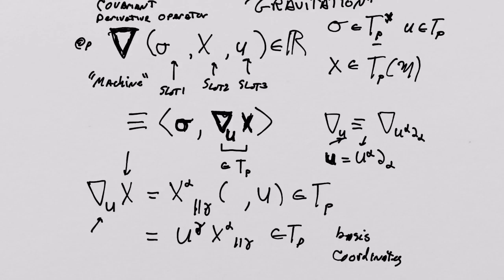Now, like any machine, like this tensor machine we were talking about, you don't have to fill every slot of a machine. Just like the tensors, just like that 1-1 tensor, we only filled one slot, and we created a function that takes vectors and returns vectors, right? You could also just fill some of the slots, and Misner, Thorne, and Wheeler definitely does that as well.